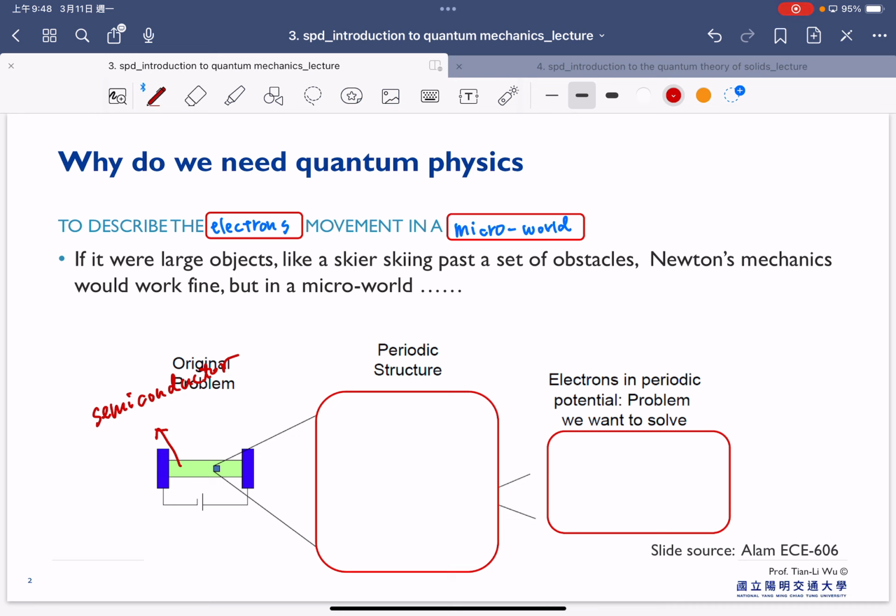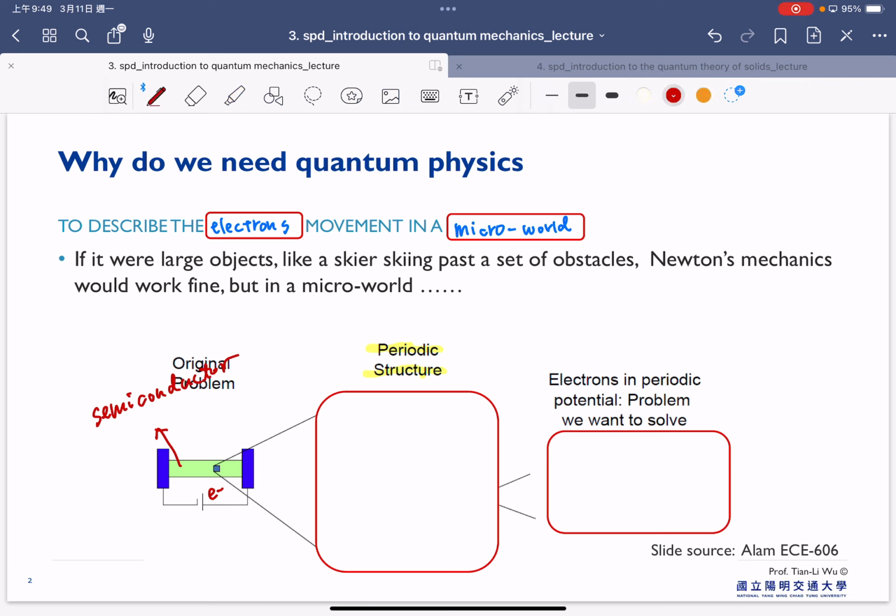And then we are curious how the electrons transport, moving in this semiconductor material. That's the original problem. But if you look in more detail, the question becomes that we have to consider the lattice arrangement.